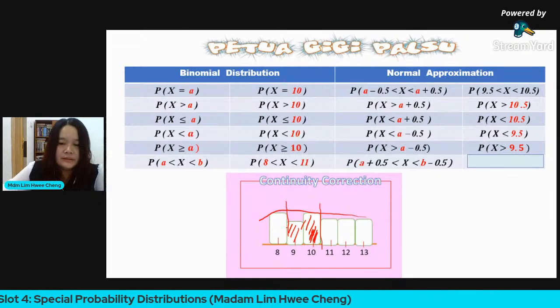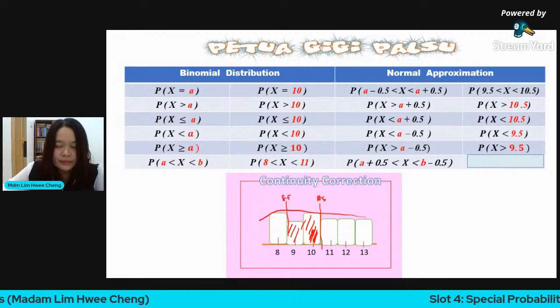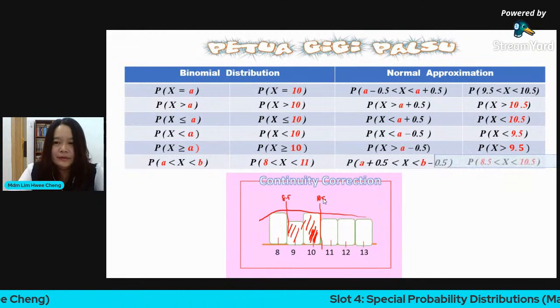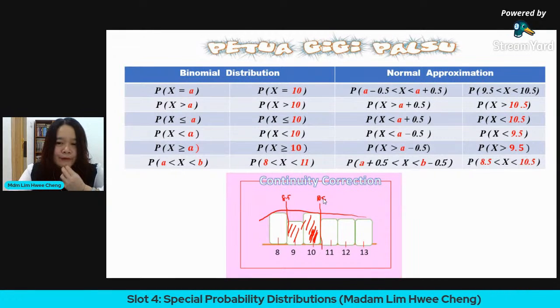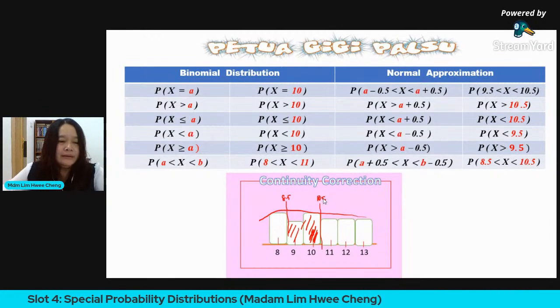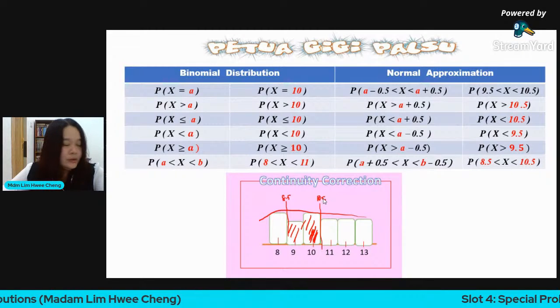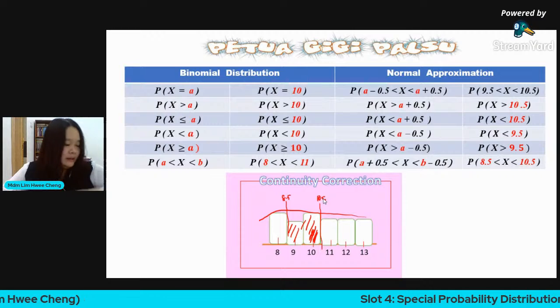This is why this is the greater than 8, so this is the 8.5, kan? So ini dah 10.5. This is why you have the greater than 8.5 and less than 10.5. This is how we get it. I hope that this method can help you to form the continuity corrections formula in the final exam.